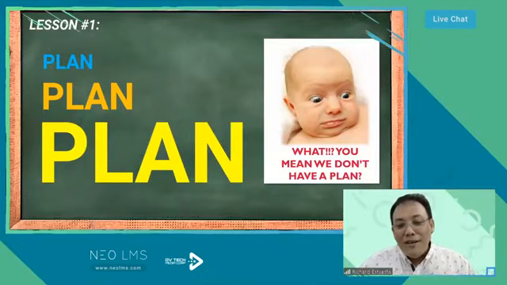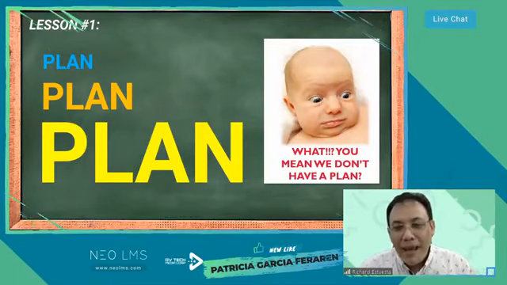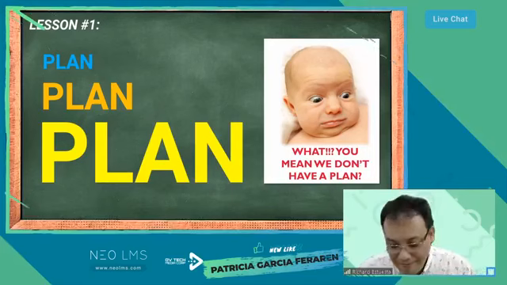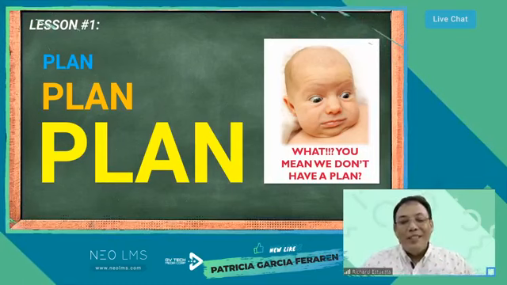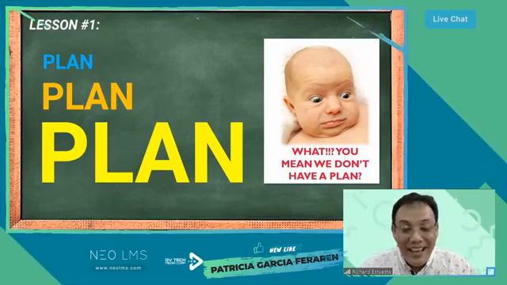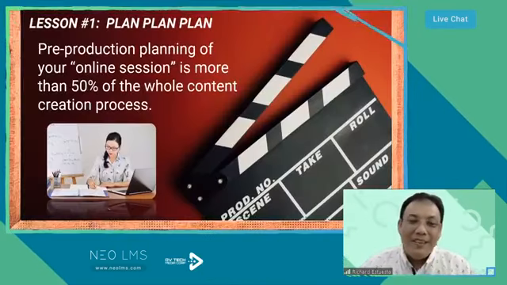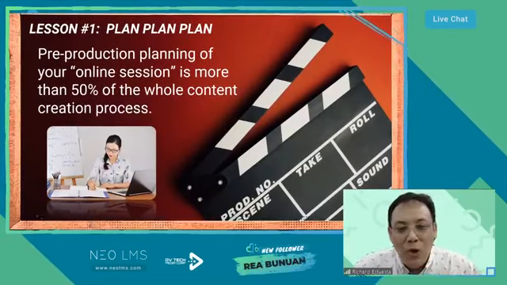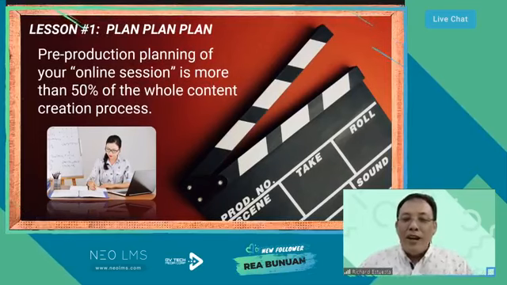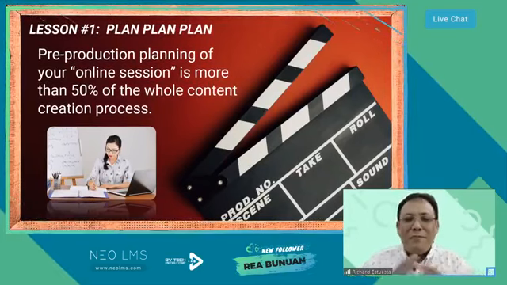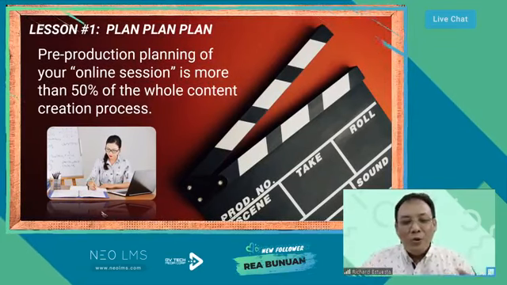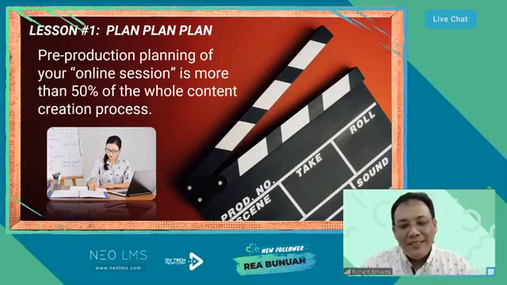So lesson number 1: plan, plan, plan. So this is so basic and yet very, very important. Pre-production planning or preparation of your online session is more than 50% of the whole content creation process.